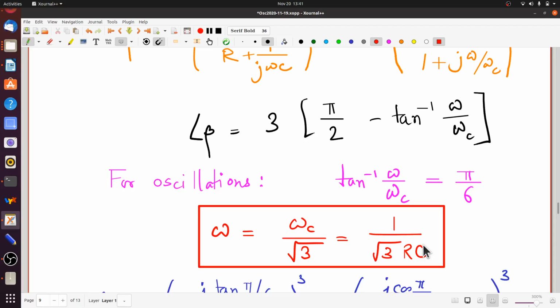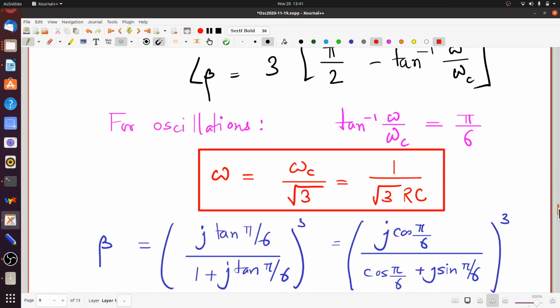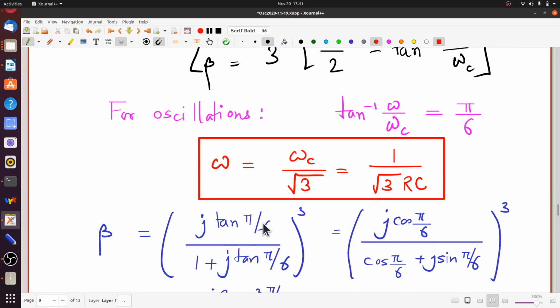However, that's not enough. You have to make sure that the loop gain now is 1 or more. But what does the loop gain turn out to be? Beta here, which now is j tan pi by 6 by 1 plus j tan pi by 6 whole cubed. I just put in omega by omega c is tan pi by 6 here.